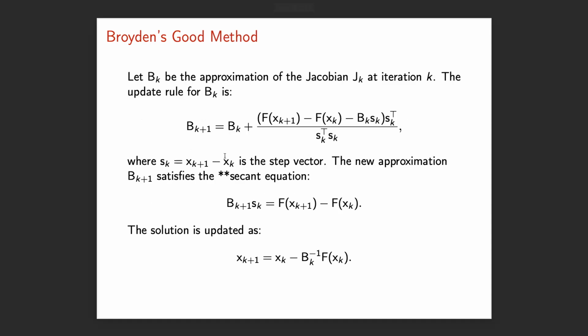So the good method, what we do now is that we make an approximation of the Jacobian at a given iteration. So that means what we are doing now is calculating the difference. So these are the finite differences here.